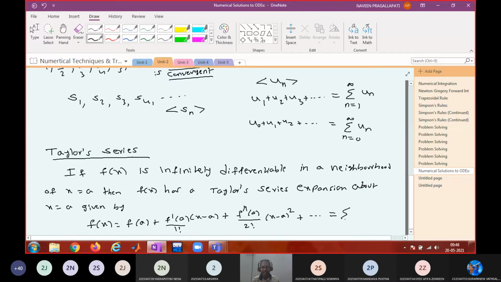In short, you can write it as sigma n equal to 0 to infinity, nth derivative at a by n factorial into x minus a whole power n.